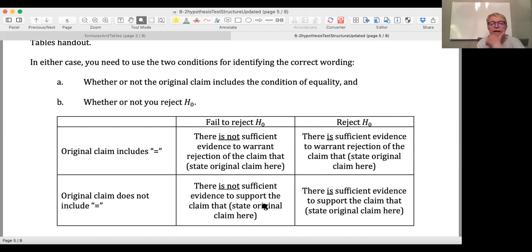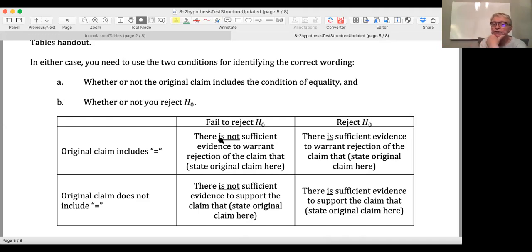And let's look at what we got here. If we fail to reject H0 and the original claim includes equality, then here's the wording that you're going to use. There is not sufficient evidence to warrant rejection of the claim that, and whatever the claim was, we'll repeat the claim right here. Okay, so your wording is pretty well canned. You can't mess it up.